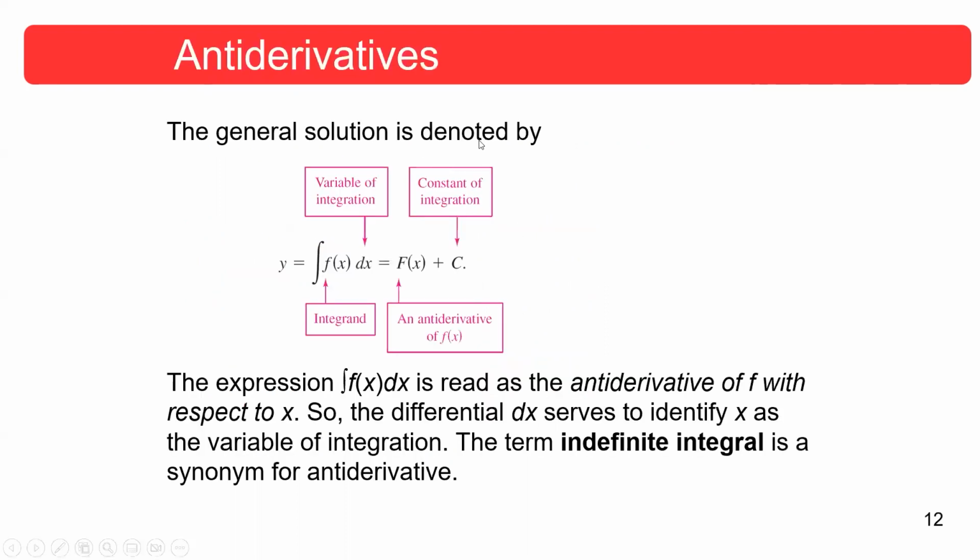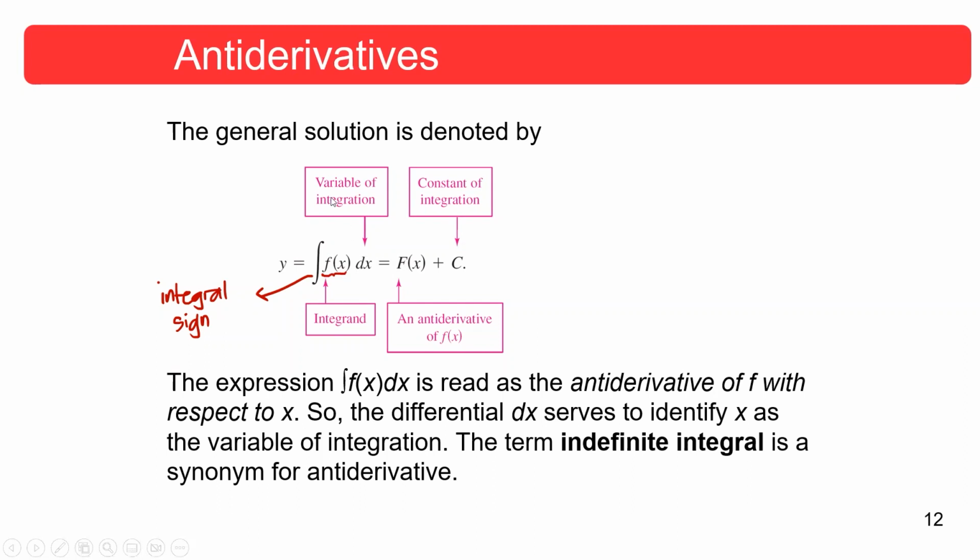Okay, so the general solution, guys, is denoted by this. Please be mindful of the definitions. This one is what you call the integral sign or integral symbol. The f of x in here is called the integrand.